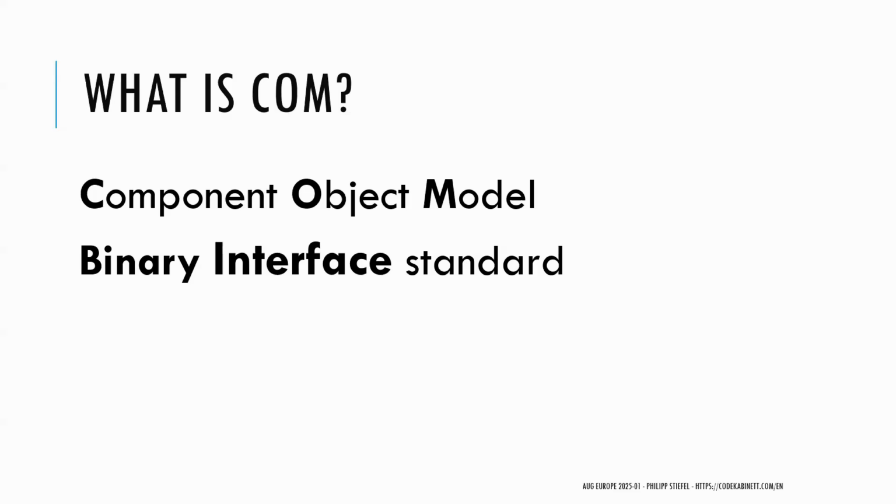And binary here means it applies to compiled objects like classes in a DLL or in an executable file. And these have to adhere to the COM standard, and then they can be used by COM. And COM is a technology that is built into Windows.